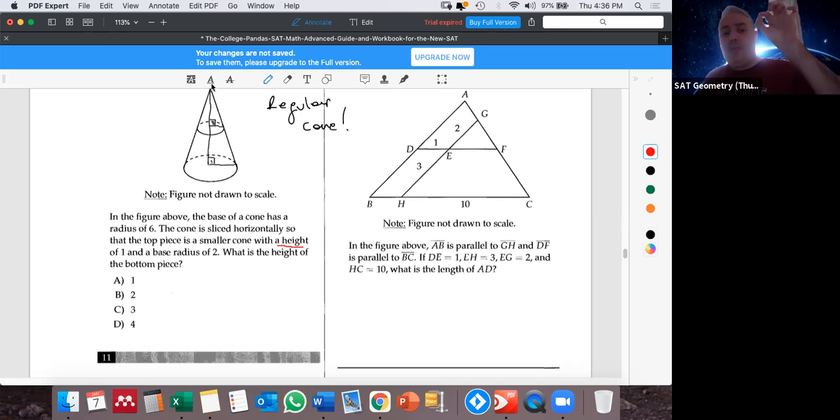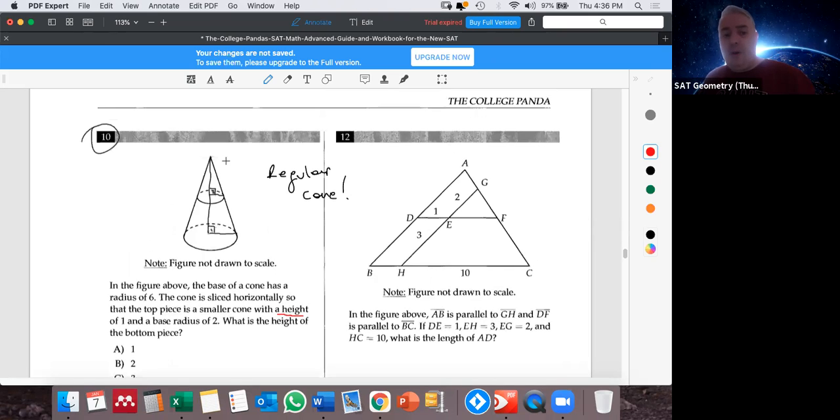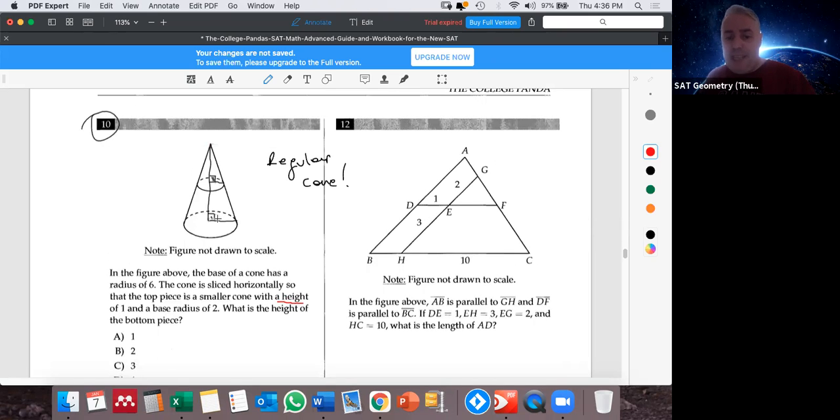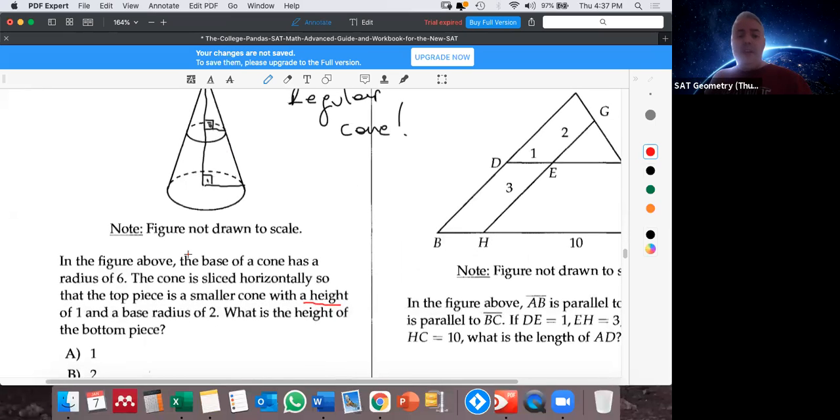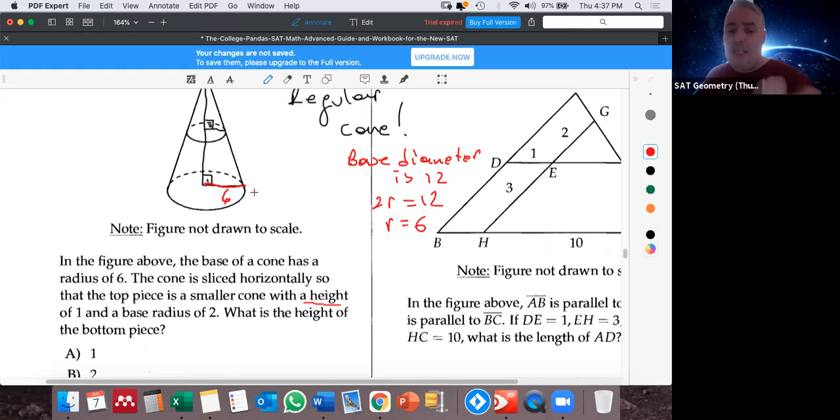Regular means from the vertex to the base, 90 degrees, always. In our question, in the figure, the base of the cone has a radius of 6. It could also be asked as the base diameter being 12, so diameter means 2r, 2r is 12, r is 6.